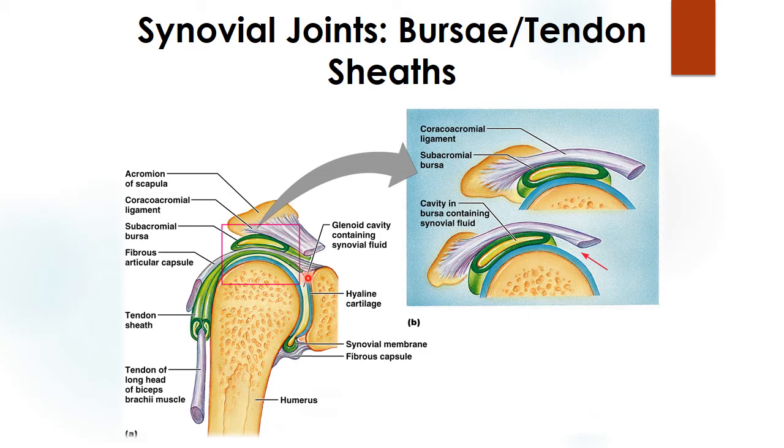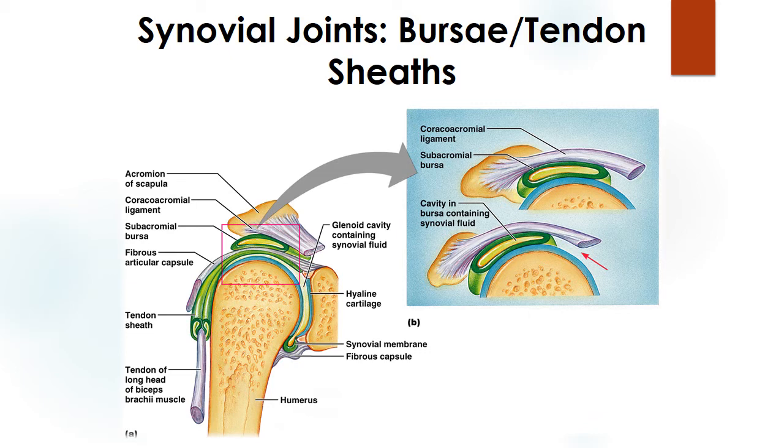It penetrates the joint capsule to attach on the glenoid labrum at the superior aspect of the glenoid cavity. So this is an intracapsular tendon, and it has this tendon sheath wrapped around it, the purpose of which is to protect it. It's protected by this fibrous connective tissue layer indicated in green, and it also lubricates and reduces friction for repetitive motions of the bicep tendon as the shoulder goes through repetitive motions.